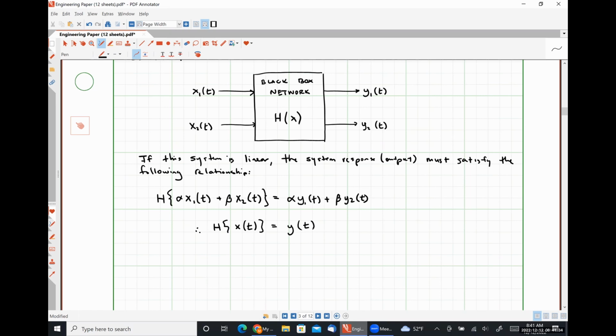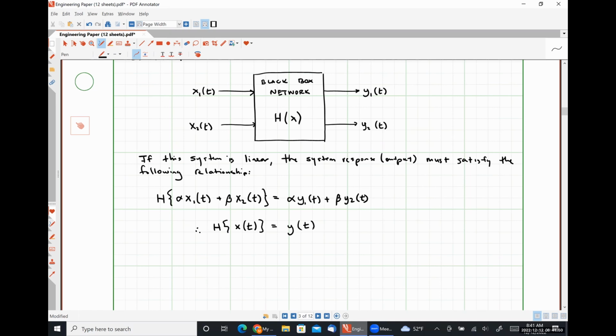Now there are 2 distinct and independent properties that are wrapped up in this gobbledygook mathematical expression, okay? They are the additivity property and the homogeneity or scaling property.